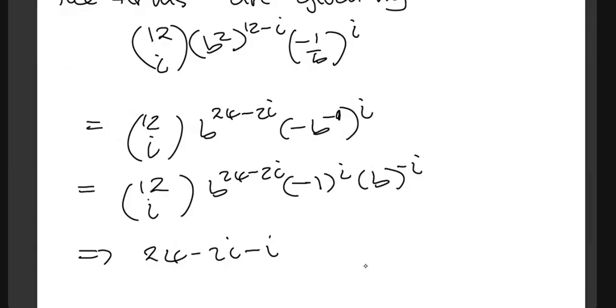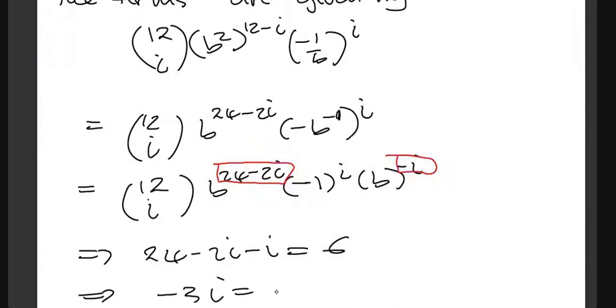We've taken this power and that power because these are the only ones with b. So this will be negative 3I is equal to negative 18, if the 24 goes to the other side. And this implies I is equal to 6.